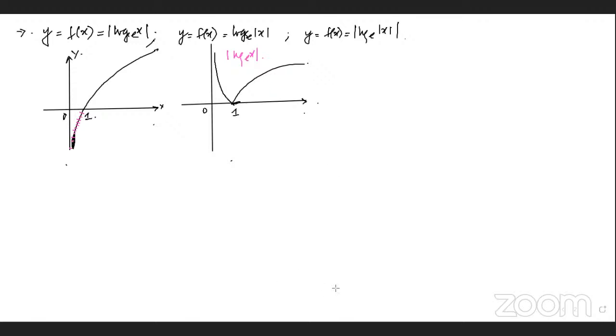ओके, चलिए अब हम नेक्स्ट ग्राफ को प्लॉट करेंगे. अब ये है नेक्स्ट log of e mod of x. mod of x का मतलब हुआ, इसने अब ओपन करा हमारे लिए. सबसे पहले log of x ही प्लॉट करेंगे. ये तो हो गया बेटा आपका log of x.